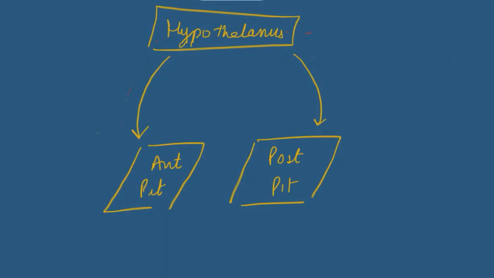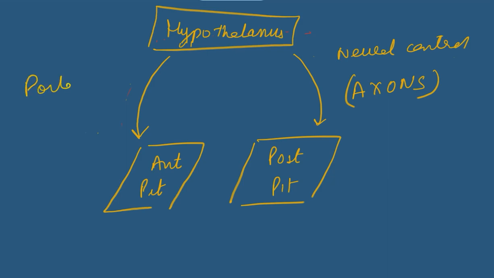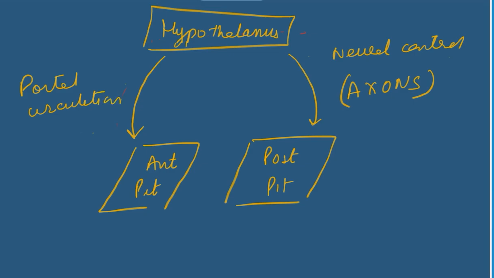Right? Now, the hypothalamus is controlling the functioning of the pituitary gland. How are they connected? The hypothalamus has a neural control over the posterior pituitary via the axons. The anterior pituitary is controlled via the portal circulation from the hypothalamus.